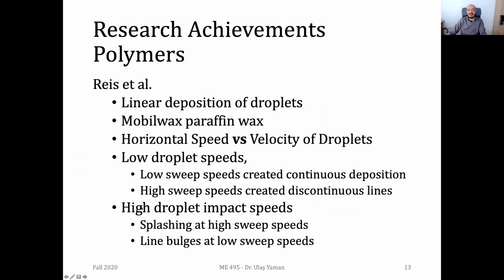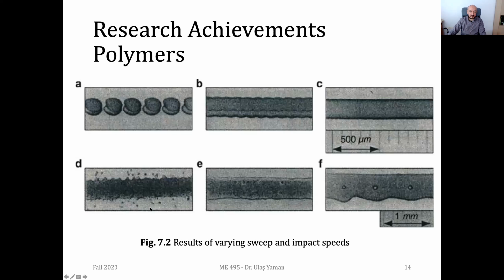On the other hand, if you increase the speed of your drops, which means that jetting speed is increased, and you also use high speeds on the table, you'll have splash around the table. You see, this is case D. We have some splashes around, so it's quite difficult to control the resolution.